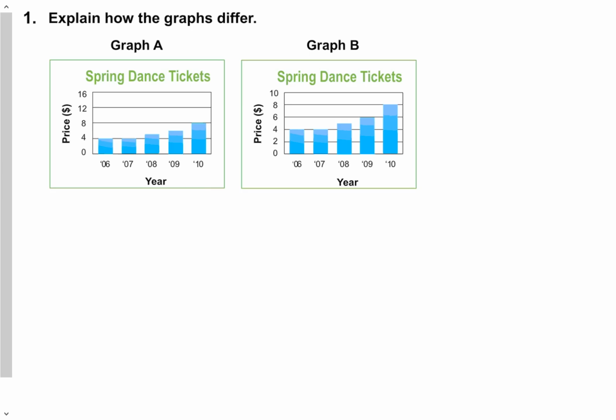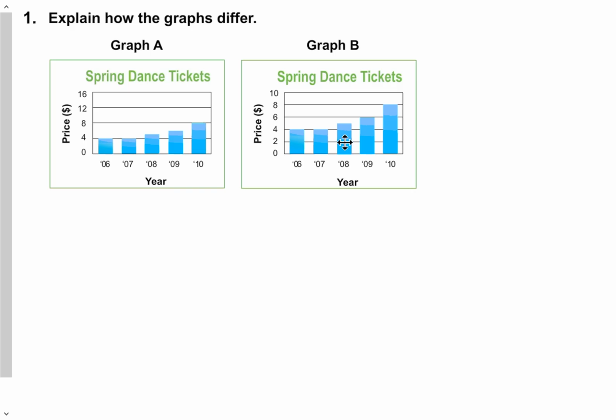Here's our first graph, graph A and graph B, and they discuss spring dance tickets. Taking a look at the data, they don't look the same. Graph B has bigger changes than graph A, so just by the looks of it you might think graph B has bigger increases.